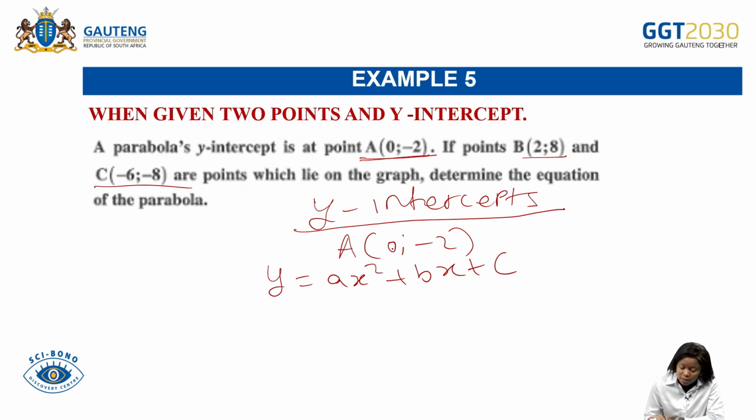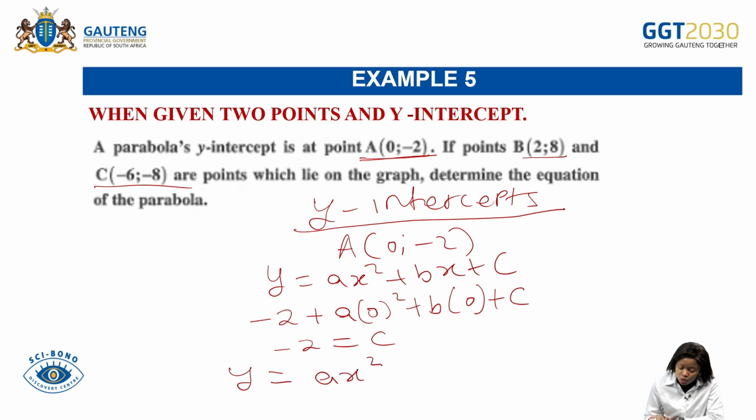So when x is 0, y is negative 2. So negative 2 equals a times 0 squared plus b times 0 plus c. So negative 2 is equal to c, right? So let's take it back. You'll have y equals ax squared plus bx minus 2.